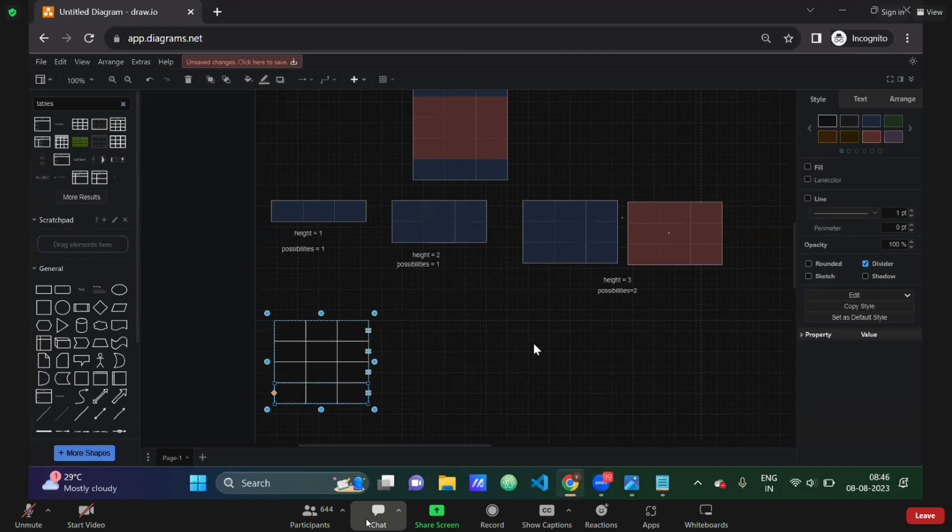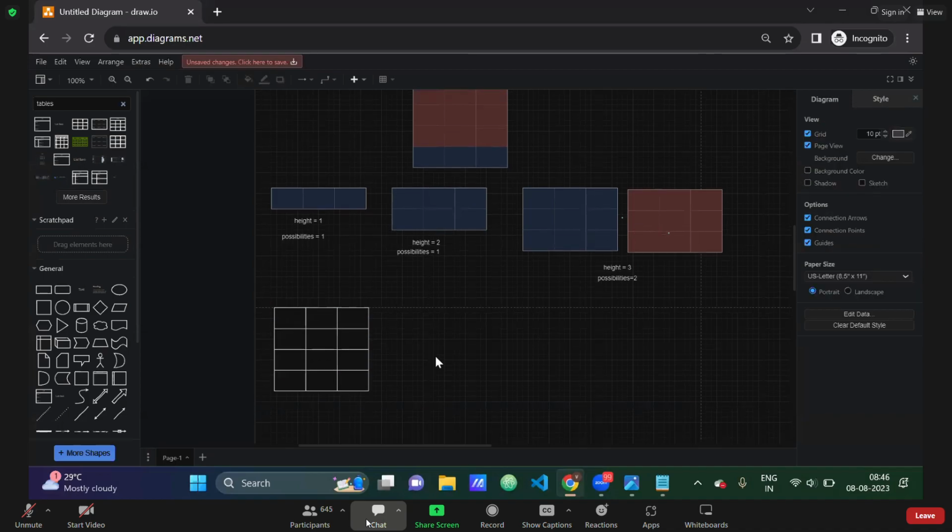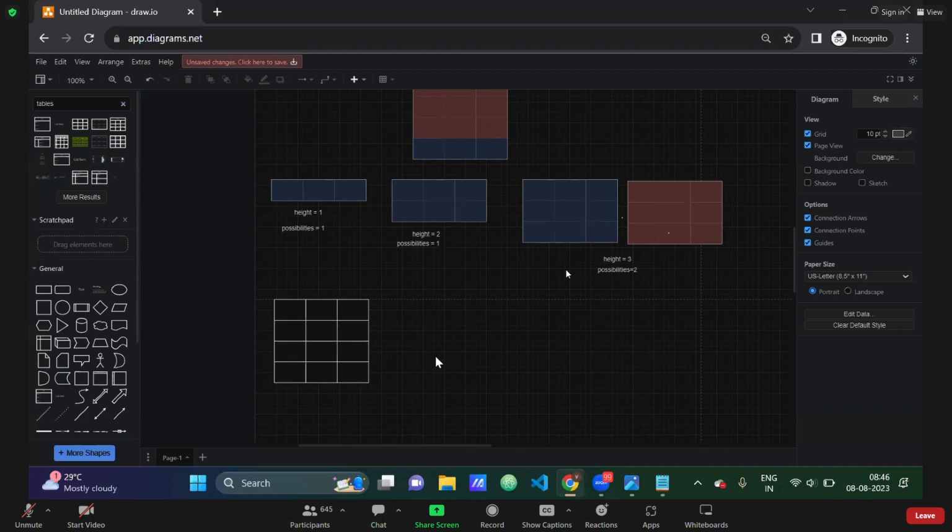Now, coming to height 4. How many possibilities are there for height 4, considering both horizontal tile and vertical tile? Three possibilities.